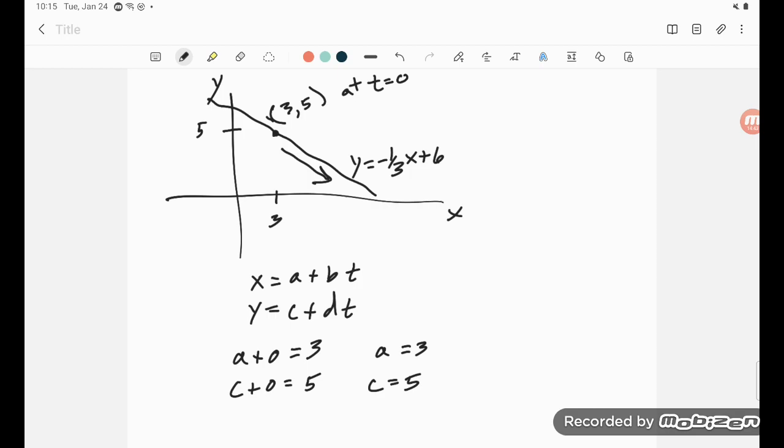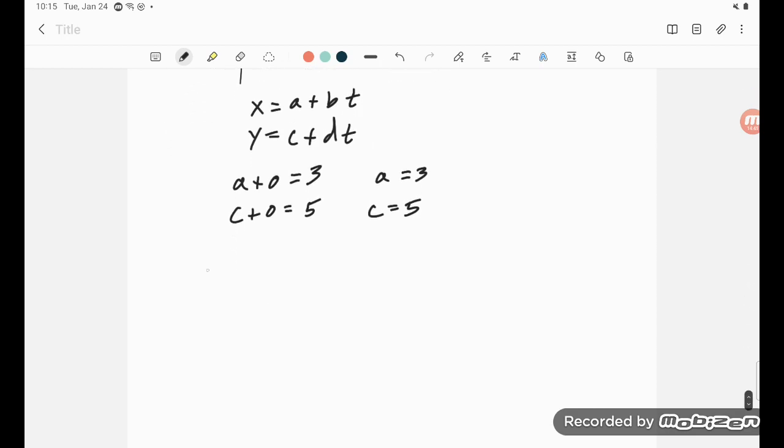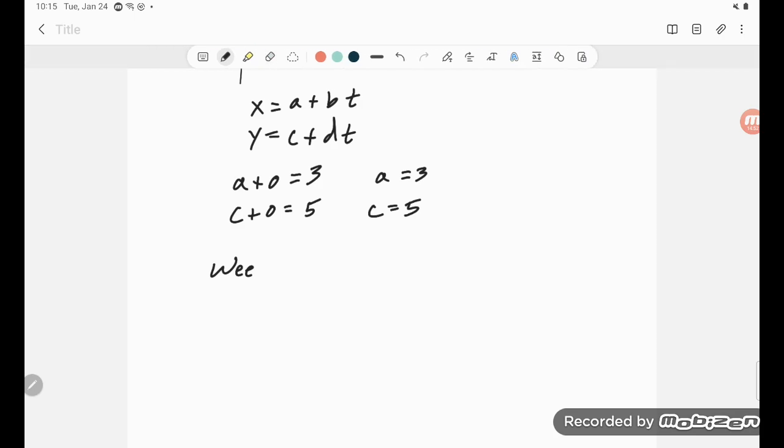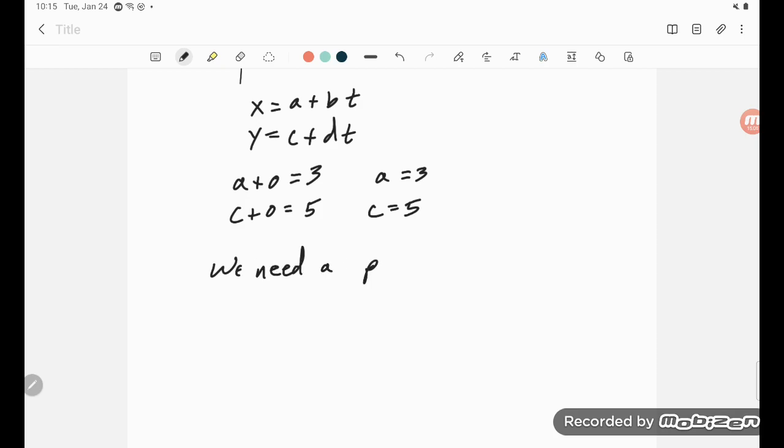So first we need a point, right? All right, we need a point after t equals 0. So some other point.